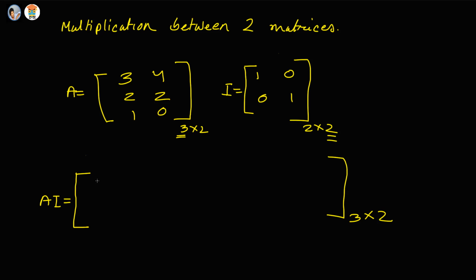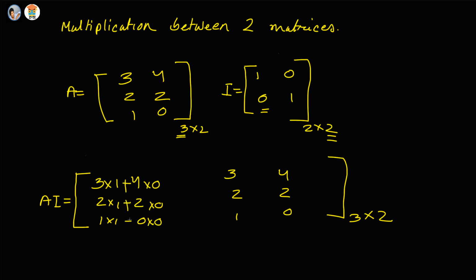Now we'll write down A matrix twice: 3 2 1 4 2 0, and here we'll write it again. Now we'll take the first column, make it horizontal, into 1 into 0, repeated, plus plus plus.